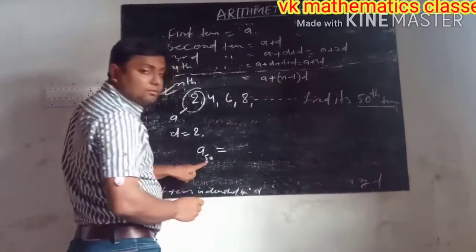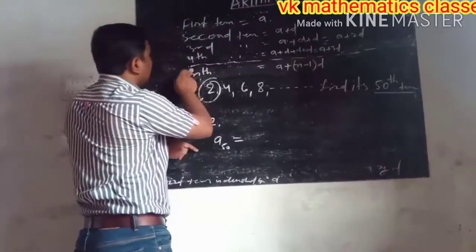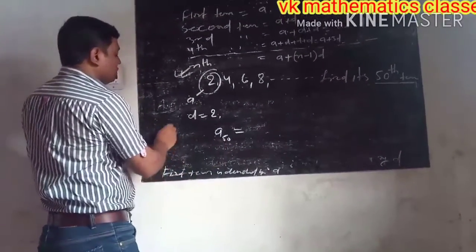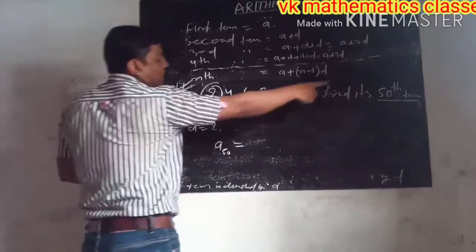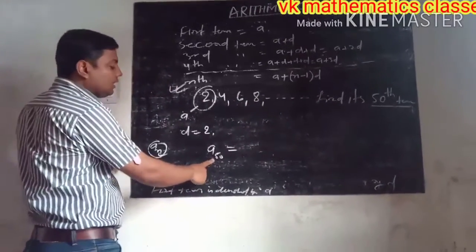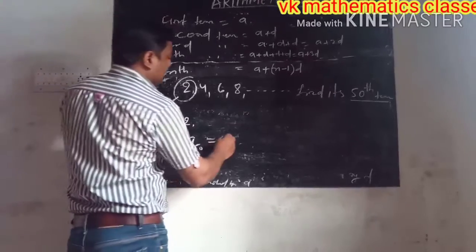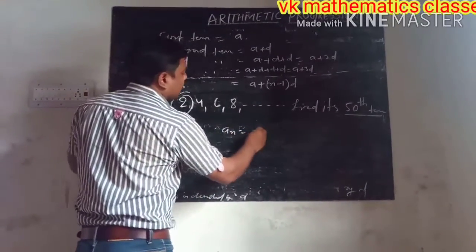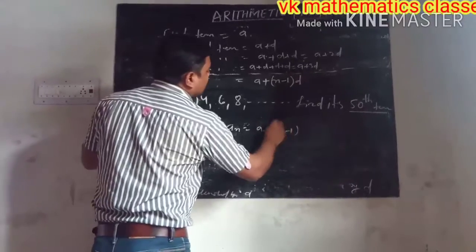This is the general term, an. We write here general term is an, where n is equal to 50, so we write here a50. The formula is an equals a plus n minus 1 into d.